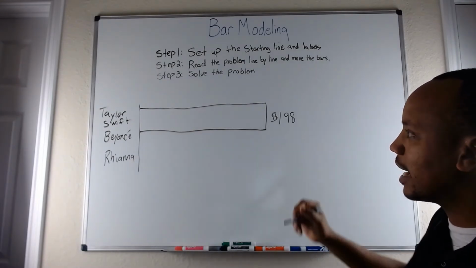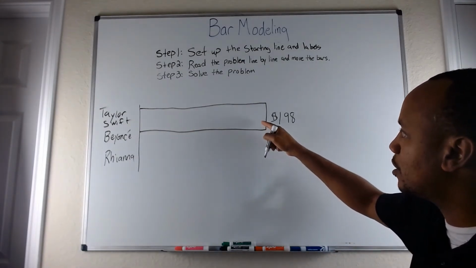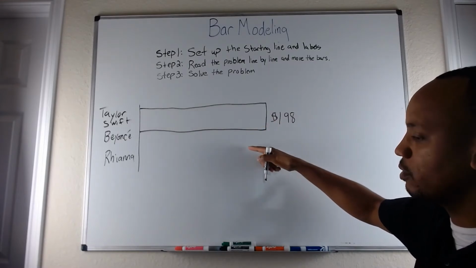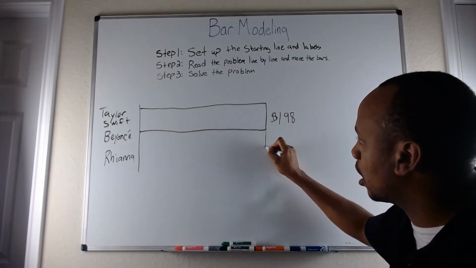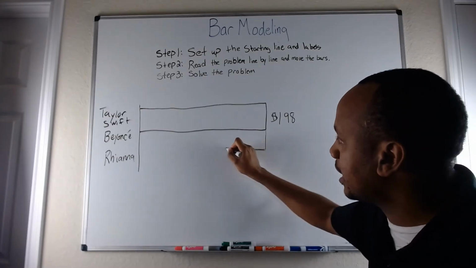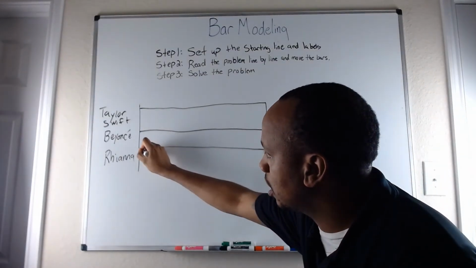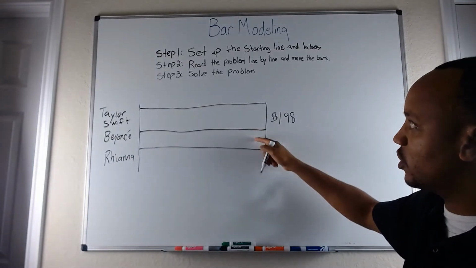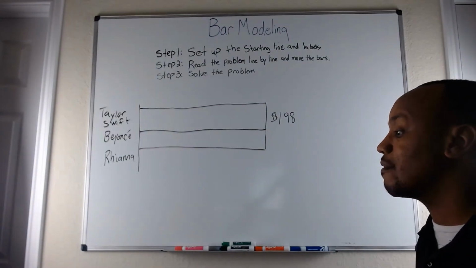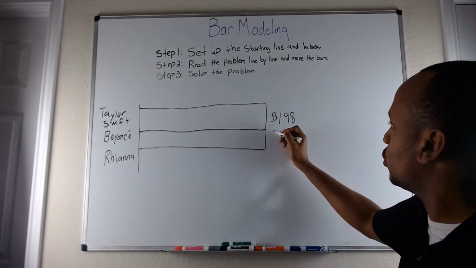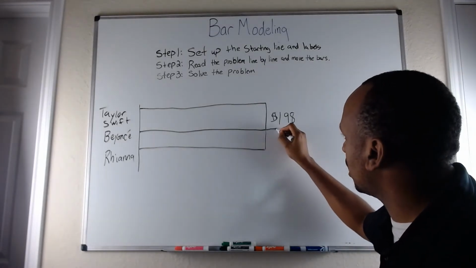So in bar modeling, if you need someone's number to find the next person's number, you have to clone that person's bar. Because technically speaking, you need Taylor Swift's $198 to figure out Beyonce. And then from there, you extend $42.